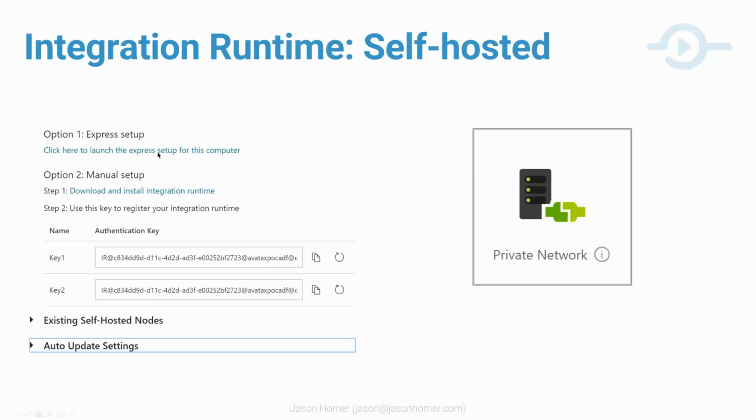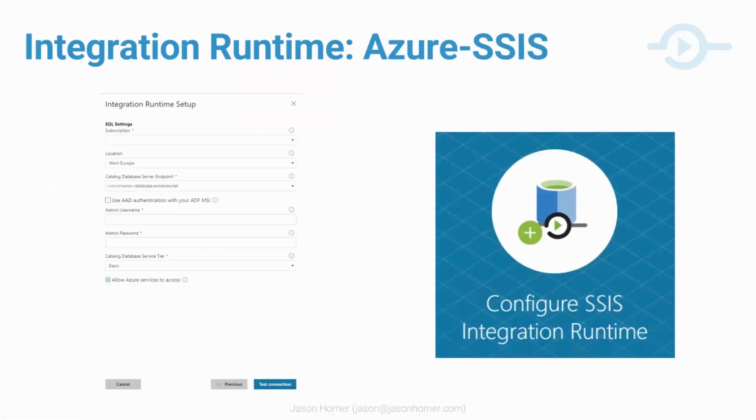What's interesting is if I'm on the actual computer, I can run this express setup and I don't even have to mess with the keys. The keys get injected into this utility, but that only works when I'm running it from the local computer because it embeds the information it needs to get the keys down securely. I can also download the MSI and script that out, and as part of the MSI, I can put in the keys as needed. And we'll look a little bit more at that.